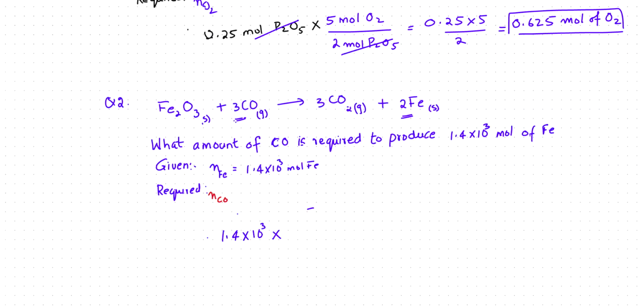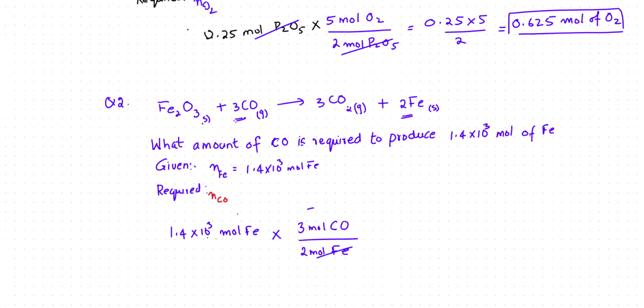We have to find carbon monoxide, so on the top we write 3 moles of carbon monoxide, then they form 2 moles of Fe. So moles of Fe cancel.